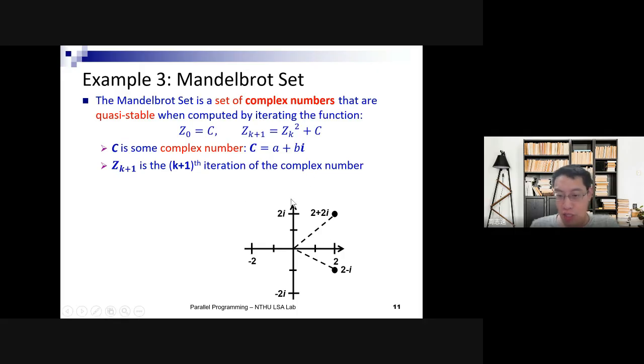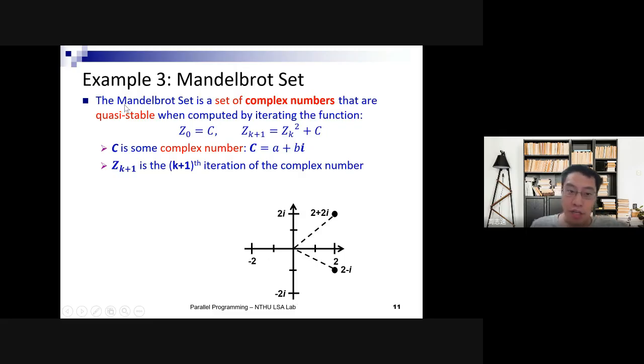We can usually indicate those complex numbers on this coordinate system, the imaginary and real number coordinates. So any complex number can be represented as a point, a coordinate in this area.